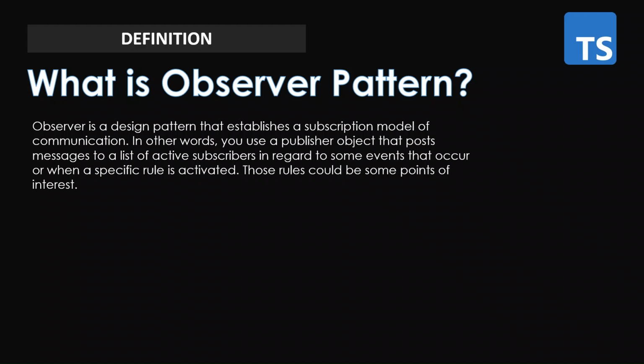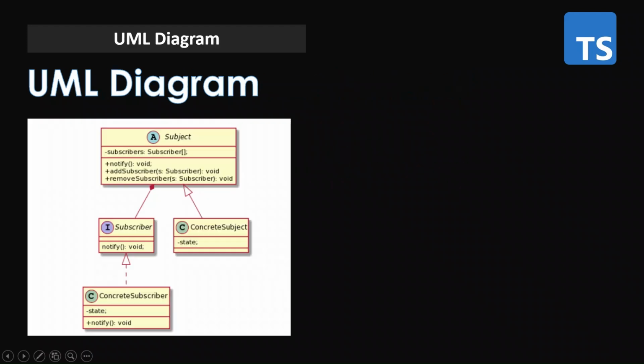So the subscriber will also be lost if it's not used anywhere. That's why in order to create one-to-many communication between the objects, we use the observer pattern, and in order to trigger events to different parts of an application without coupling dependencies, we use this observer pattern. Alright guys, so now moving on to the UML class diagram.